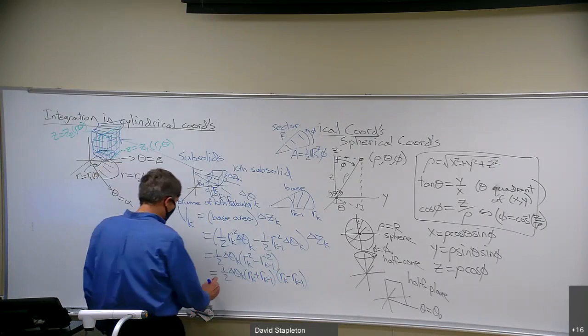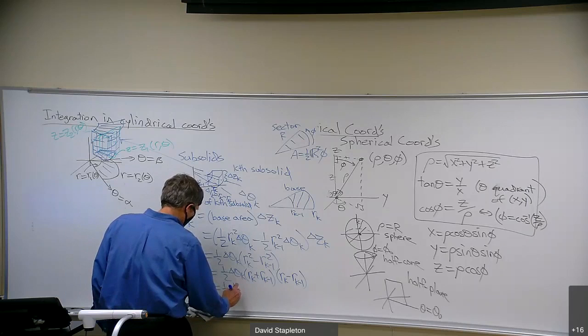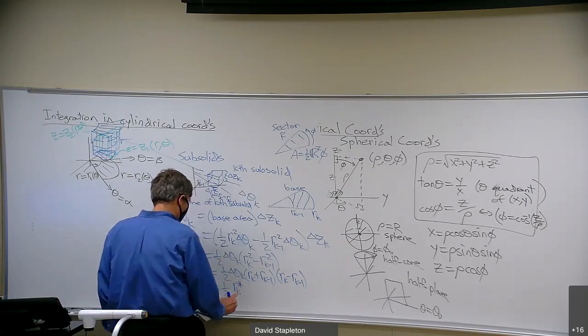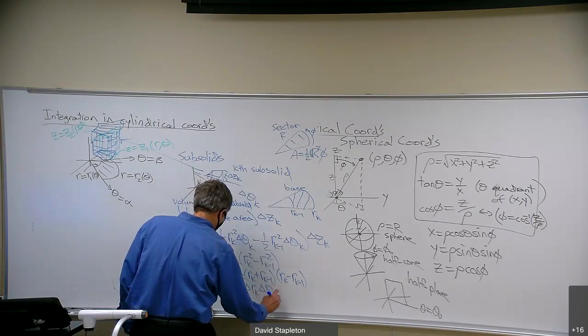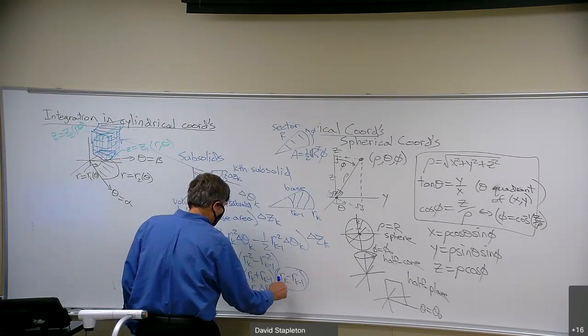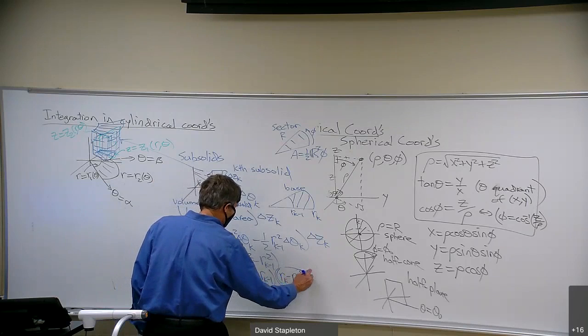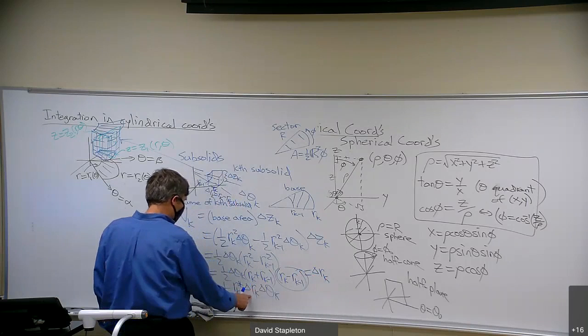Now we can call this 1/2 rk star delta rk delta theta k, because rk minus rk minus 1 was defined to be the increment in r. It's delta rk, right?